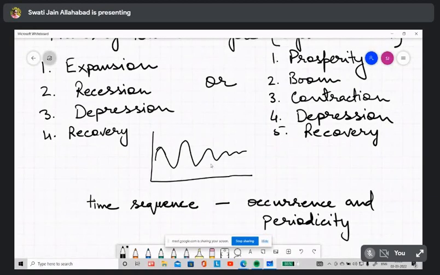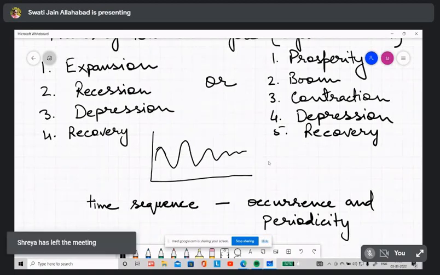On the other hand, in Western economies you have a longer time of slowdown or recession and a shorter time of expansion. And it depends on the time also. There was a time when the Industrial Revolution was taking place, when economic activities were at a boom.